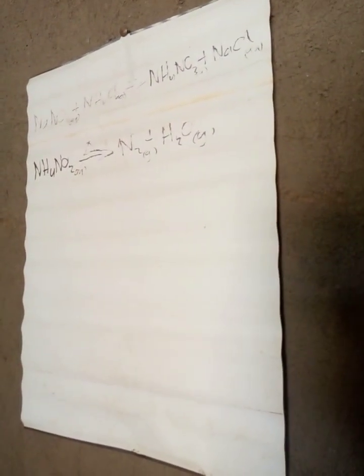So now let us look at some of the oxides of nitrogen. The oxides of nitrogen are nitrogen 1 oxide, nitrogen 2 oxide, and nitrogen 4 oxide. We are going to talk about nitrogen 1 oxide.